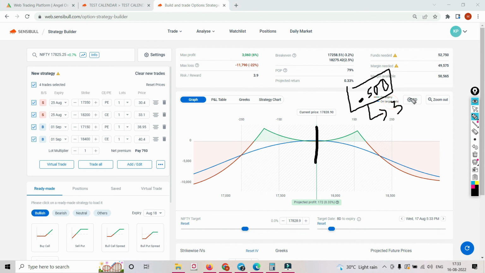From 3000 you already gave a loss of 500, and then you made your trade balanced again. This is good to hold as a positional trade, and later we will think about how to increase the profit in this middle area.